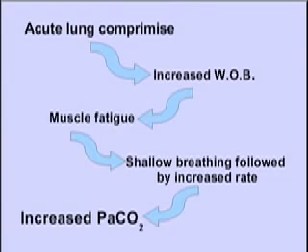So a patient will start shallow breathing, and they'll compensate for that by increasing their respiratory rate. So shallow breathing followed by an increased respiratory rate is what you'll typically see in our patients who have increased levels of PaCO2, and we call that impending respiratory failure.